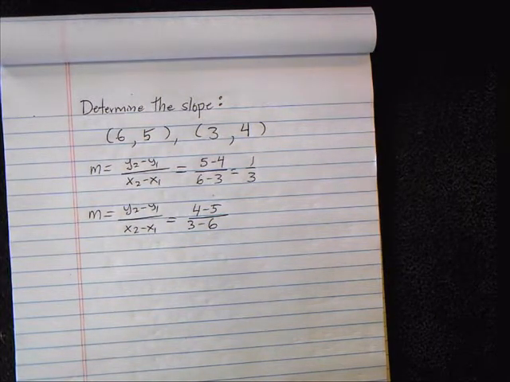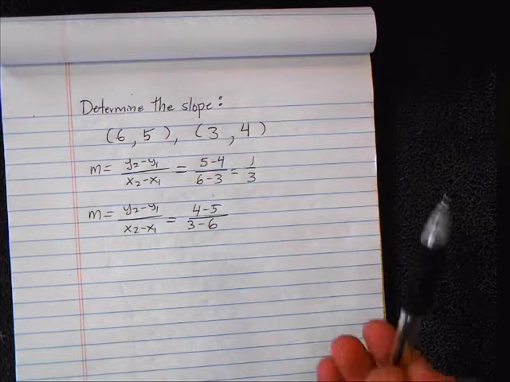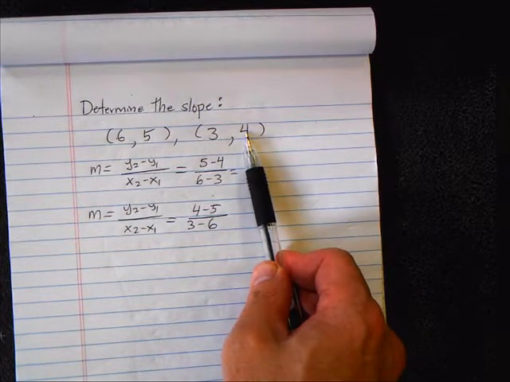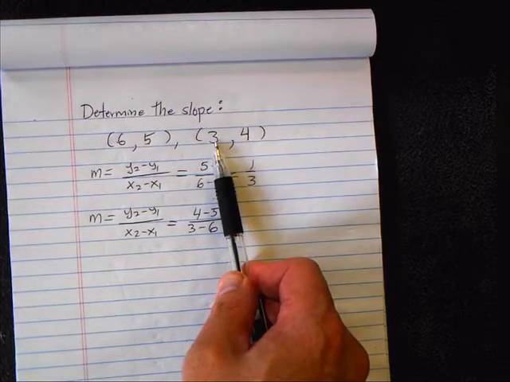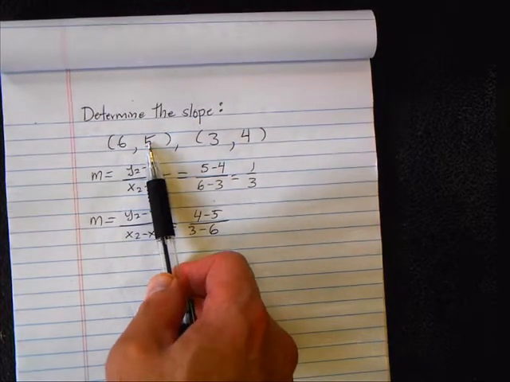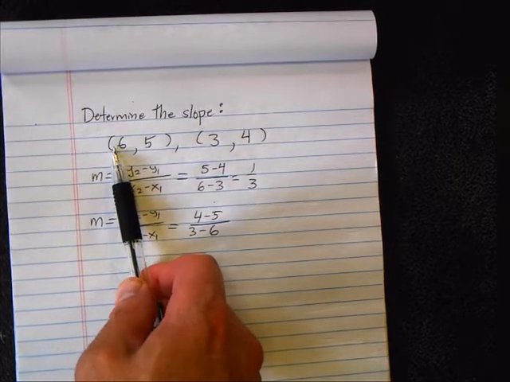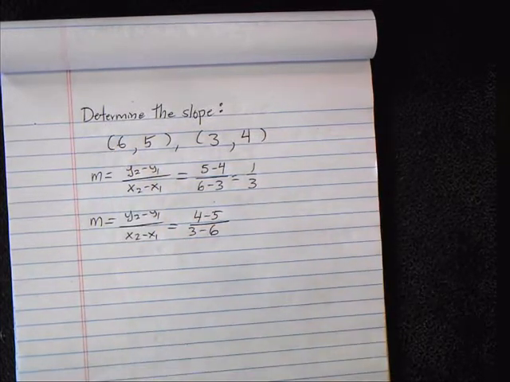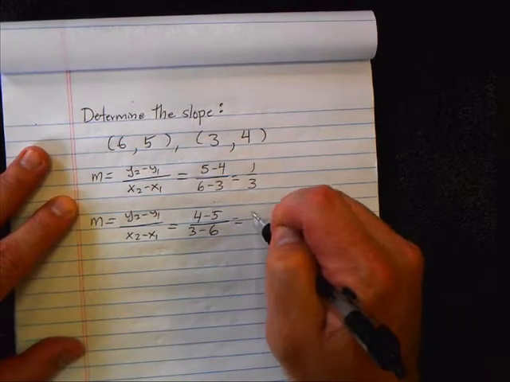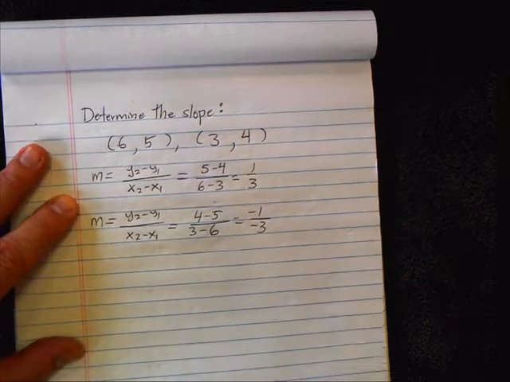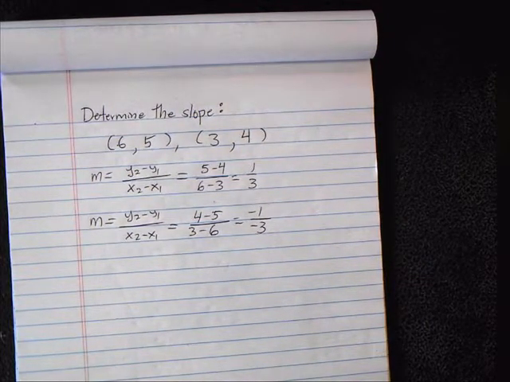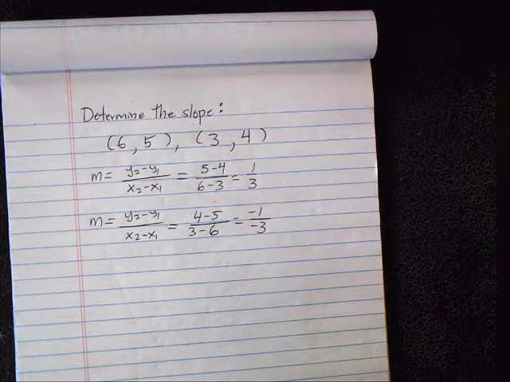Order like that? You can, as long as you're consistent. If I call this number y2, then this number has to be x2. Conversely, if I call this number y2, this number has to be x2. You just got to keep them together in the same order. And notice when I do this, I get -1 over -3. Is -1 over -3 the same as 1/3? Yeah, how come?